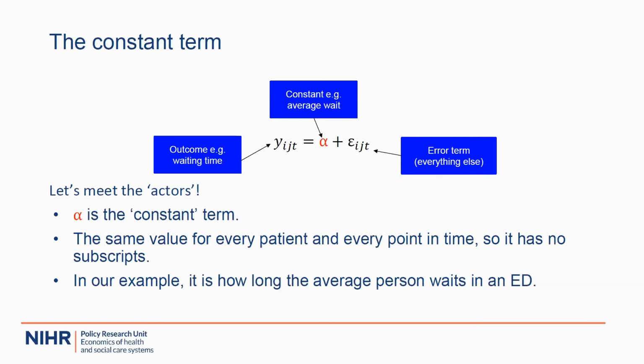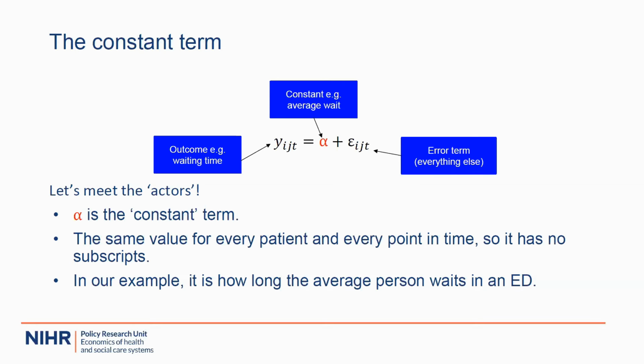It's standard practice in econometrics to use these Greek symbols. The main thing to be conscious of is what they're capturing, what they represent, and what they tell us about the research being done. So here is alpha, and that is what we refer to as the constant term.